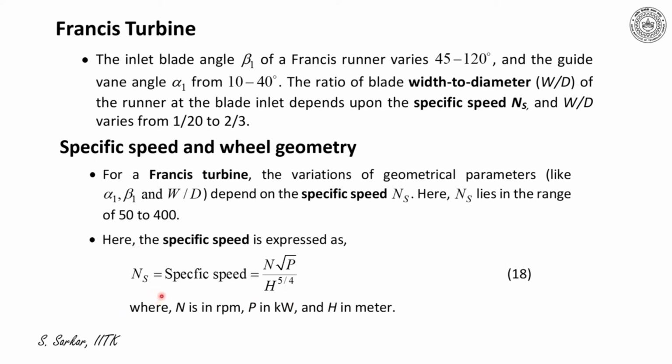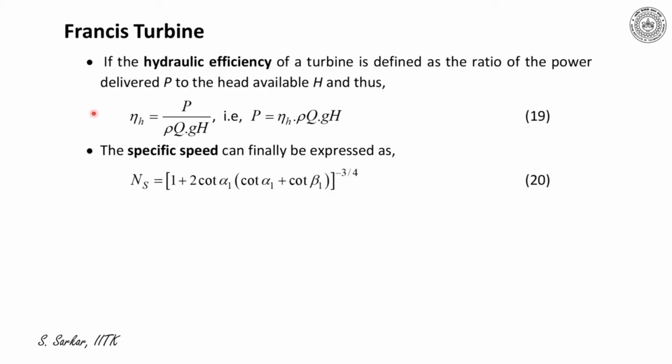That is, this is the power specific speed, where N is expressed in RPM, P in kilowatt, and H in meter.